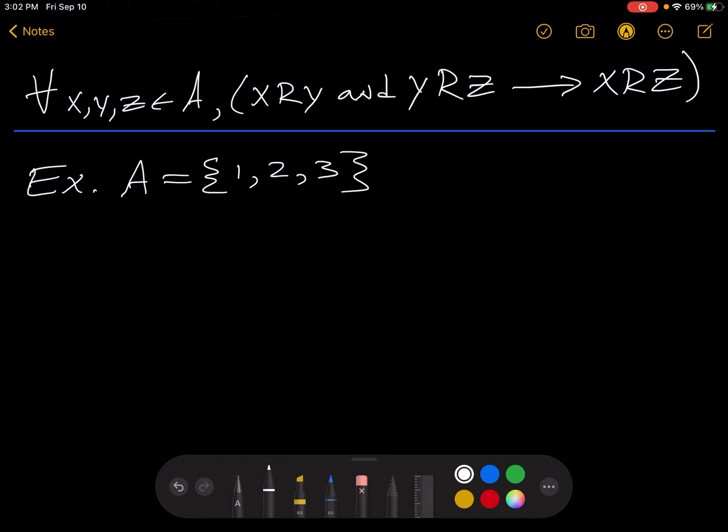In this example, I'm going to do something slightly different than I've done in the previous videos. First, I'm going to draw the graph of a relation that is not transitive.